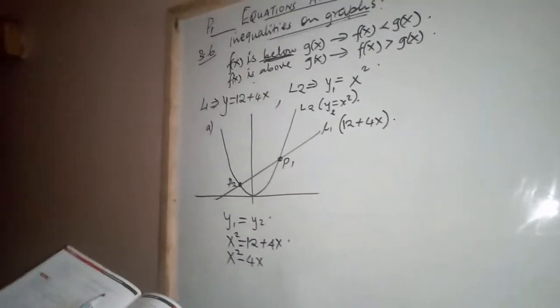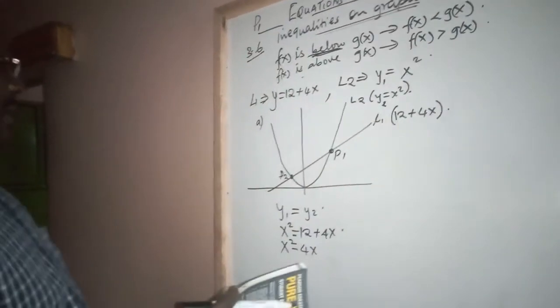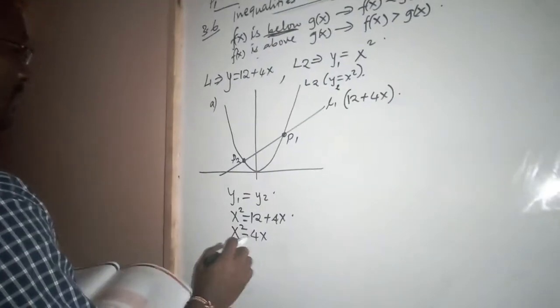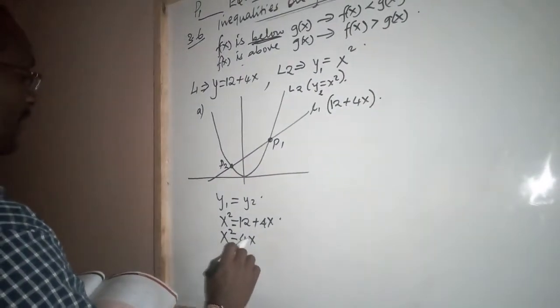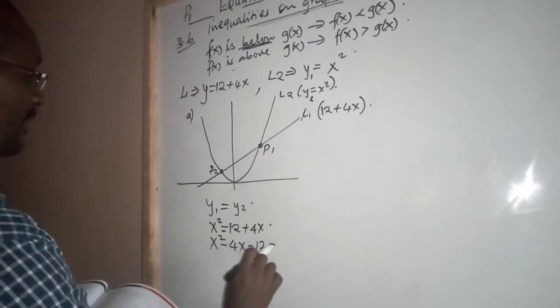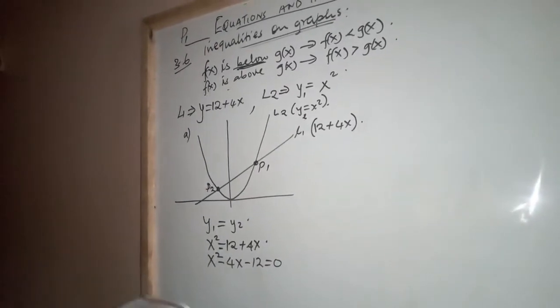So x squared minus 4x minus 12 is equal to 0.